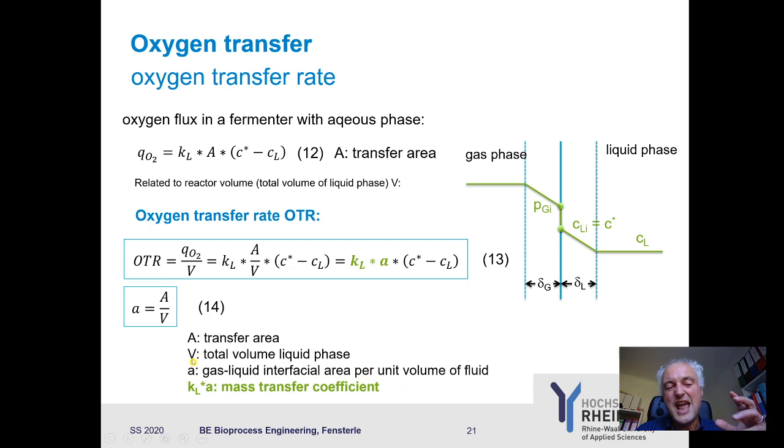It's an unhandy definition here. And then the complete KLA is our mass transfer coefficient. In other words, what we do at the end is we are aware that it's not possible to measure the surface, so we look at the complete term here, and that's what you do always.